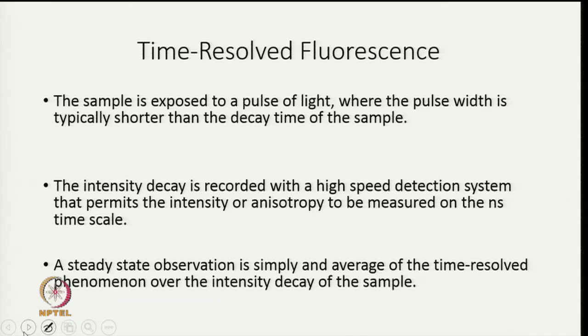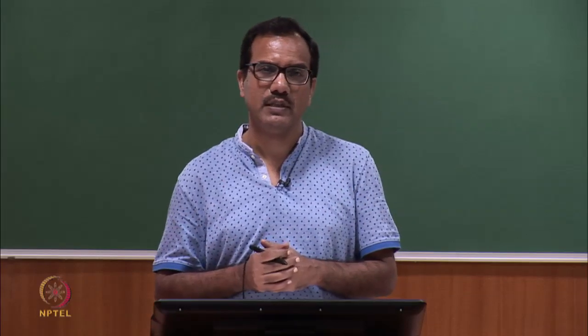Here the pulse width is typically shorter than the decay time of the sample, and then we record the intensity decay with a high speed detection system that permits the intensity or anisotropy to be measured on the nanosecond time scale. Steady state observation is simply the average of time resolved phenomena over the intensity decay of the sample. So, these are the two different kinds of measurement.